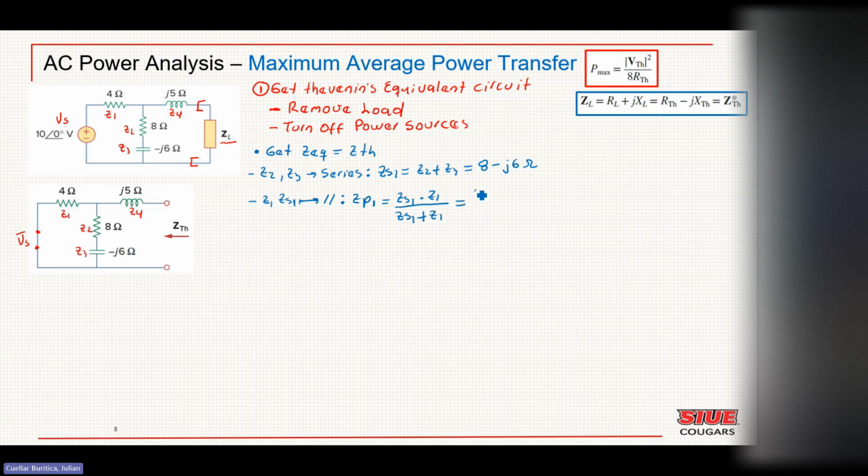Then that's going to be 8 minus J6 times Z1, which is just a resistor, over the addition of everything. I will add directly 4 plus 8, that will be 12 minus J6.